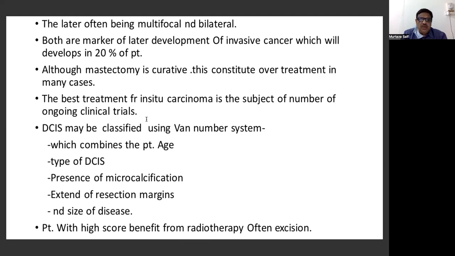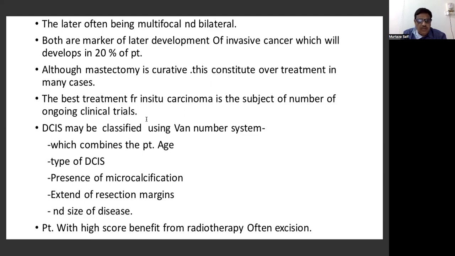The best treatment for carcinoma in situ is the subject of a number of ongoing clinical trials. Ductal carcinoma in situ may be classified using one of a number of systems, which combine the patient's age, type of DCIS, presence of microcalcification, extent of resection margins, and size of disease.